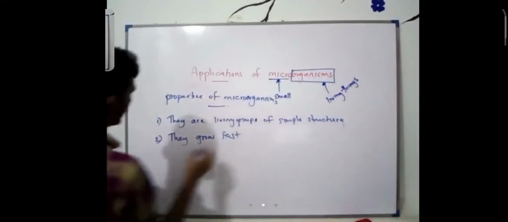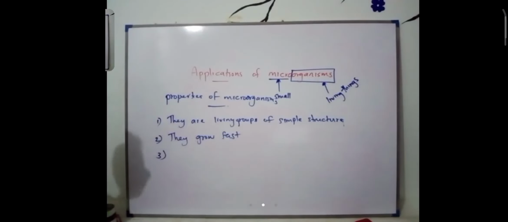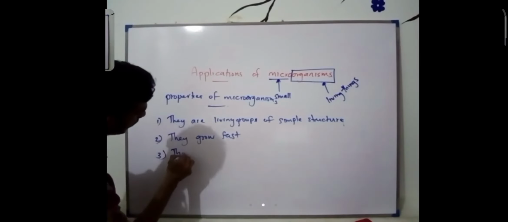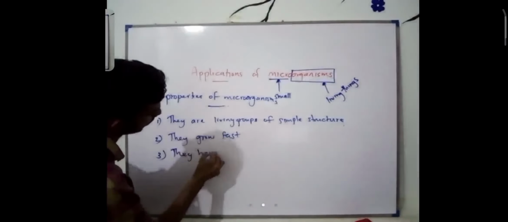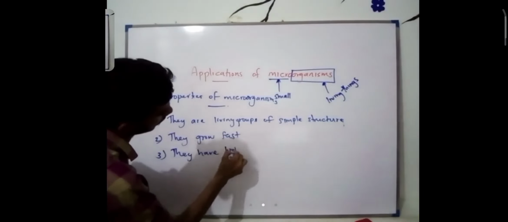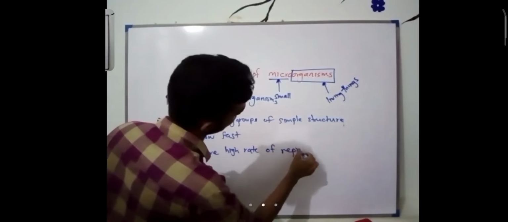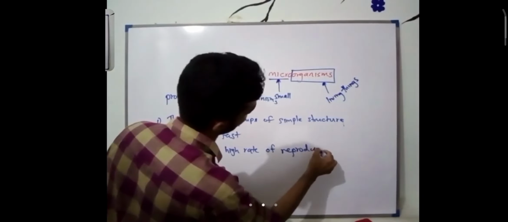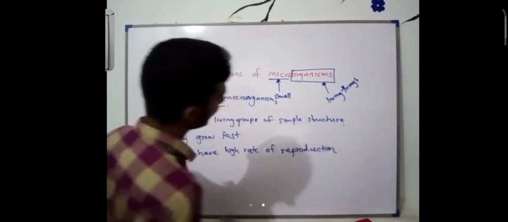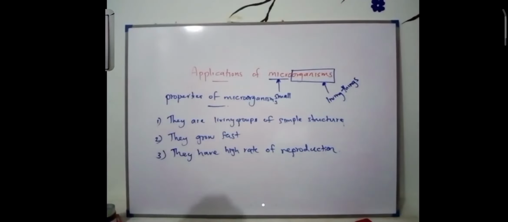And they grow faster. What is the third property? They have a high rate of reproduction. Right. What do you mean by reproduction?